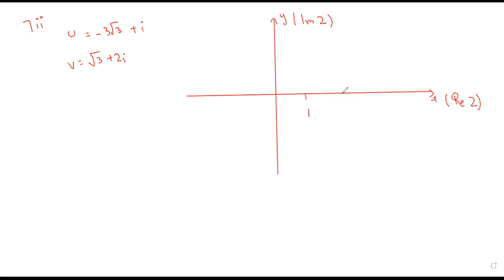Let's say this is 1, this point is 2, this point is under root 3. Then we have 1, 2, minus 3.